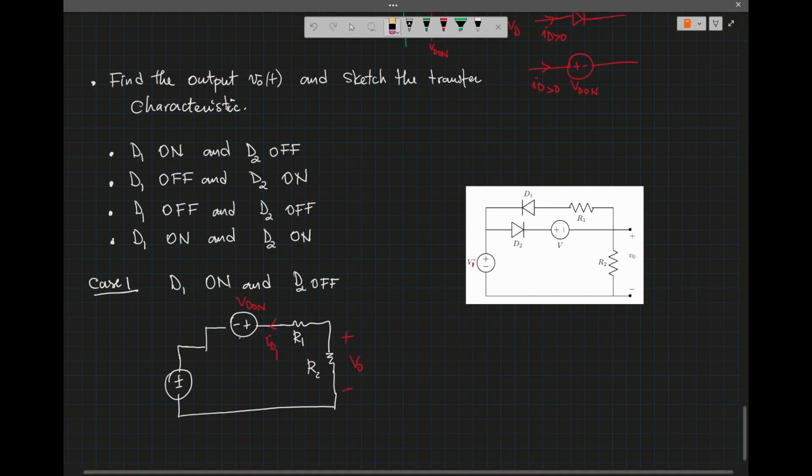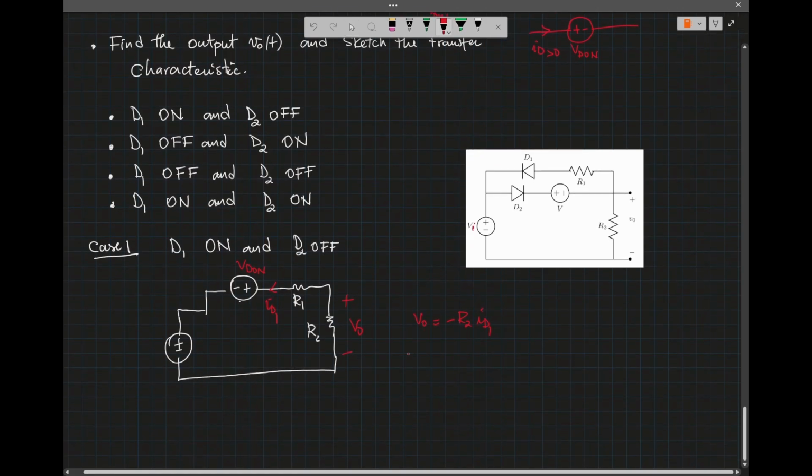So V0 will be negative R2 ID1. Now let's try with KVL.